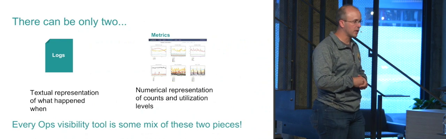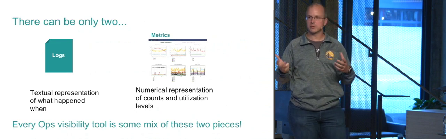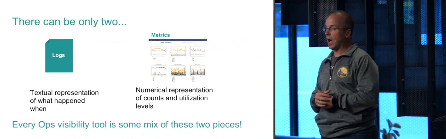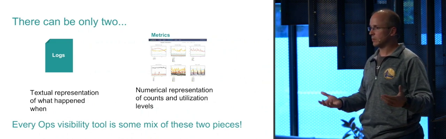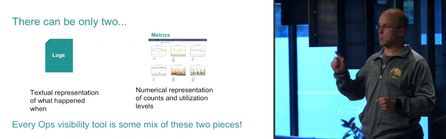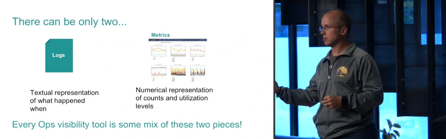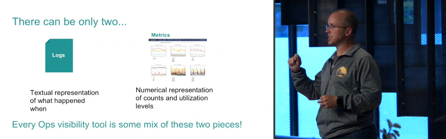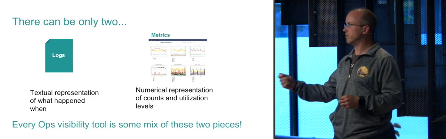One of the key things to be aware of is that they're not always 100% distinct. I can count my log messages. I can probably figure out how to embed error codes in a metric and give me some more contextual information on what the heck just actually broke with the numerical value.